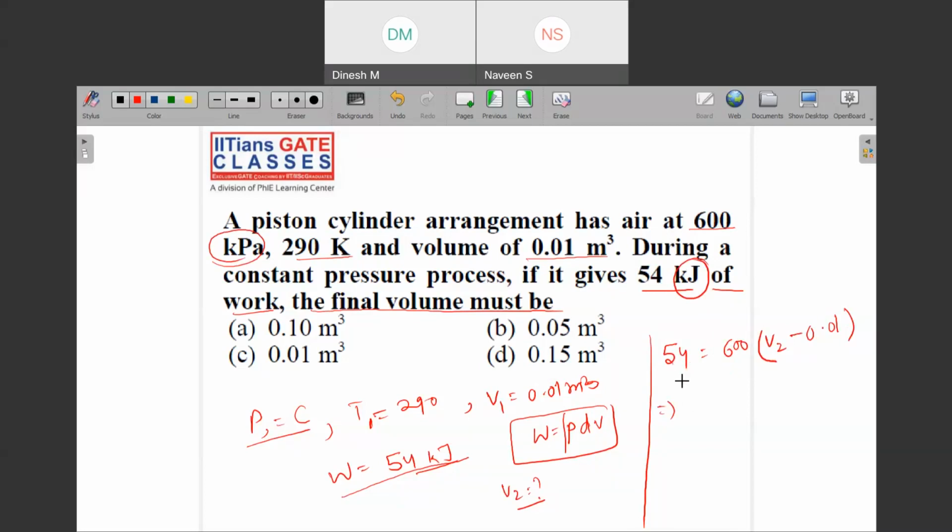Can you tell me the answer, please? Please solve this one quickly.